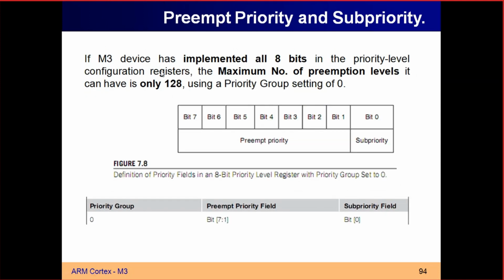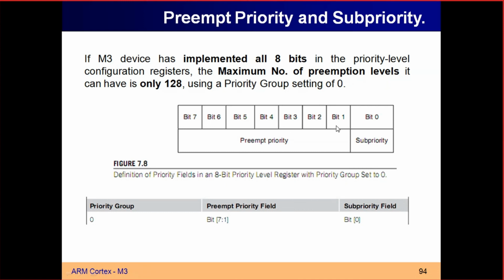Then why did I say 8 levels will be there at maximum? If all 8 bits are implemented and the priority group is set to 0 in the priority level register, then only the zeroth bit will be sub priority, and all other bits will be preempt priority.